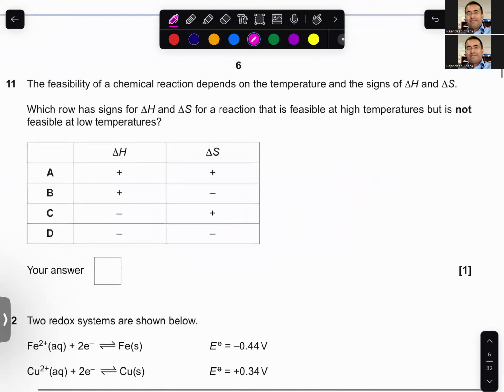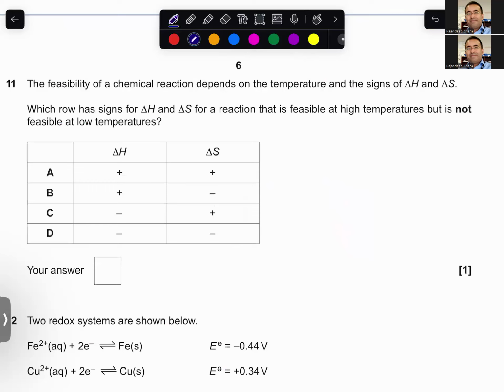This question, the feasibility of a reaction depends on the temperature and the signs of delta H and delta S. You see, remember, feasibility is whether delta G is less than 0. This makes it feasible. If it's greater than 0, it's not feasible.